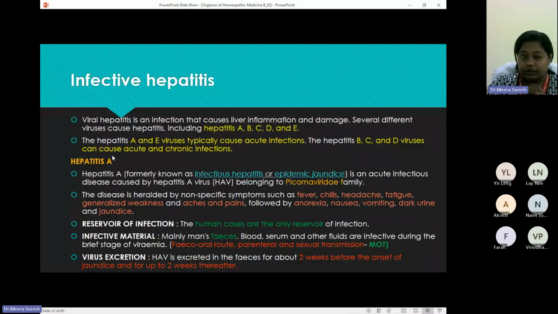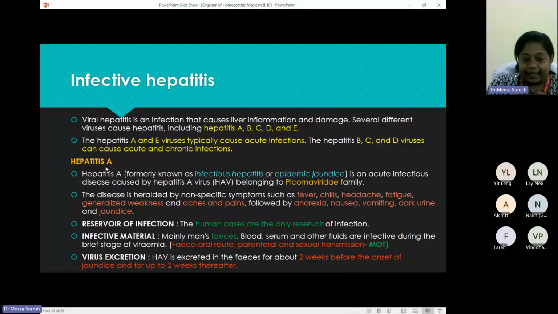Contaminated food and water are the main reasons, not exclusive, for the spread of hepatitis A and E. The middle ones, B, C, D, are usually due to parenteral and sexual transmission. So A and E usually cause acute infection, and B, C, D cause acute and also chronic infections.